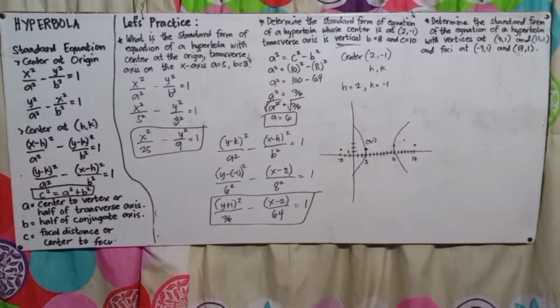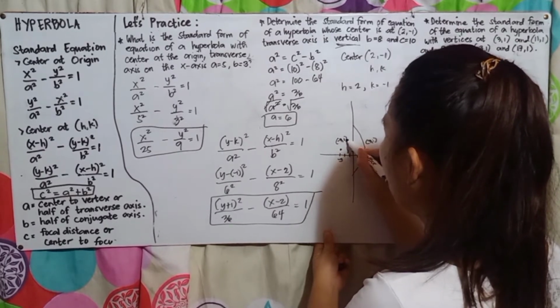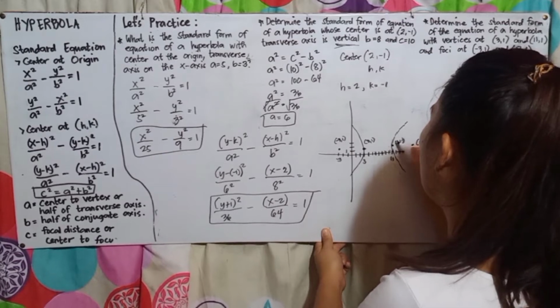Okay, so from the given, we have (-3, 1), (17, 1), and (11, 1).